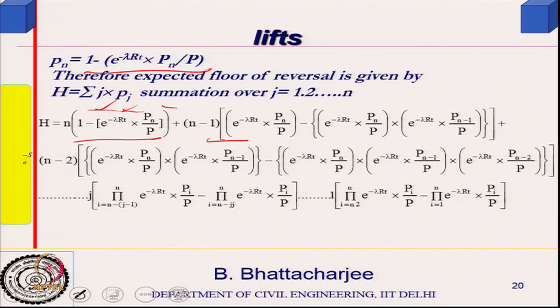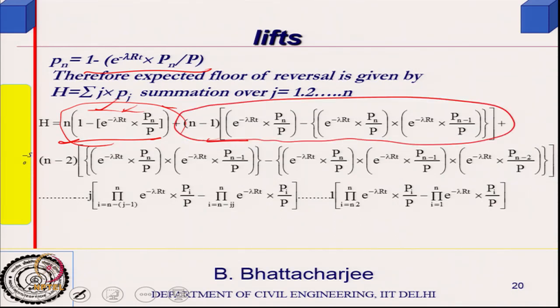So H becomes n into the probability of finding the nth floor or below, as finding at least one person in the nth floor. So the floor of reversal being n, the floor of reversal being n minus 1, n minus 2, n minus 3, etc. So this sum total gives you, because what was this?